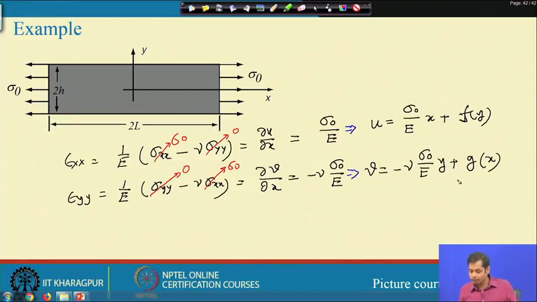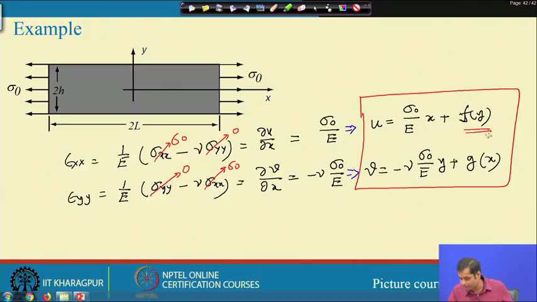Now, this is the expression for u and v, but it is not the complete expression, because we still need to obtain g of x and f of y. In order to do that, we need the third definition of strain, which is epsilon xy.